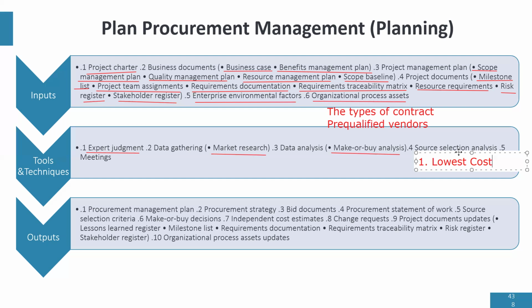If that project is complex and you choose lowest cost, they are going to choose the wrong vendor most times because everybody wants a contract, especially when they don't understand the job.